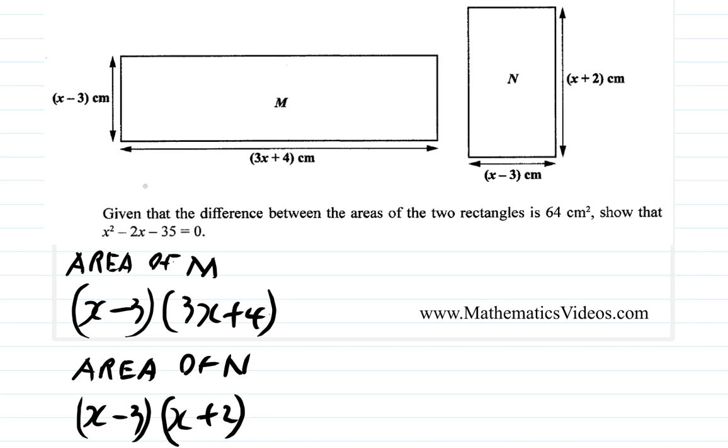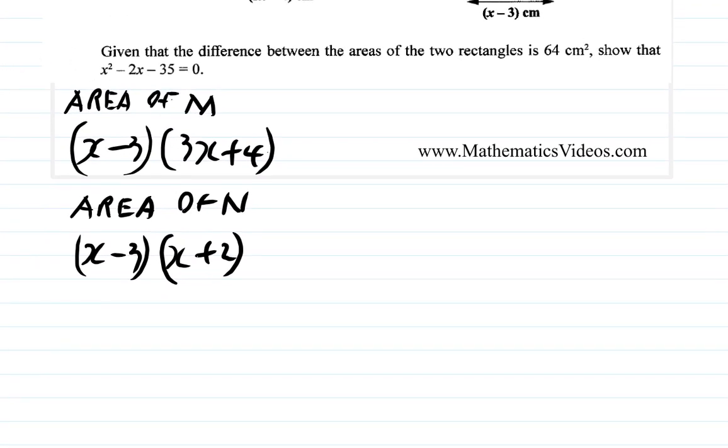Now the difference is 64. So if you consider the difference, one of them minus the other will give you 64. Suppose you consider multiplying them out first.